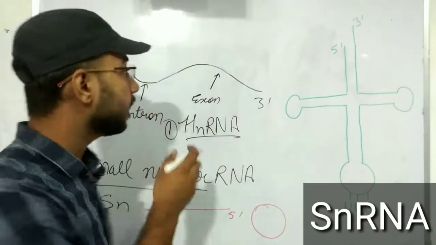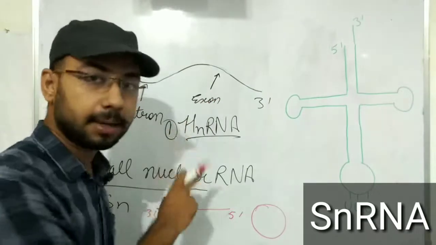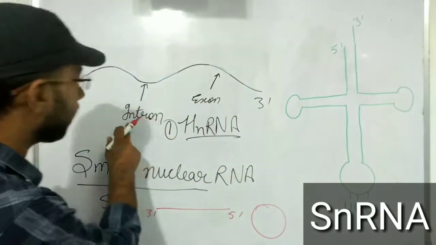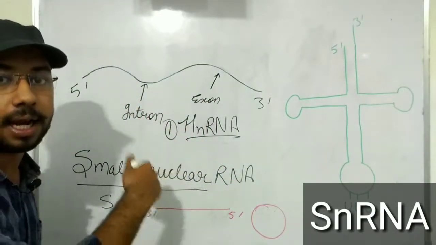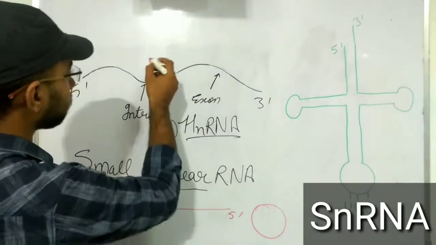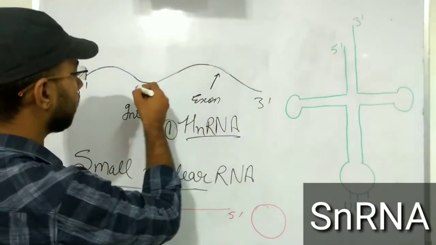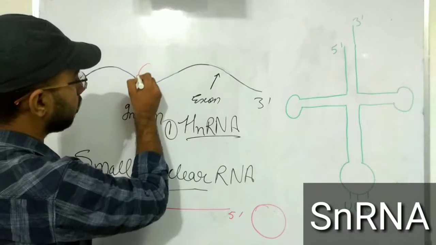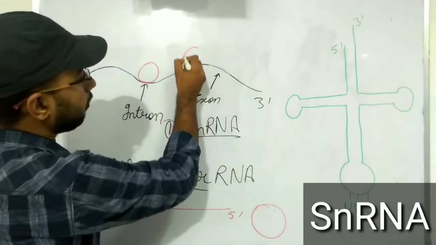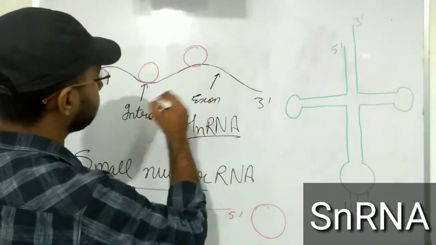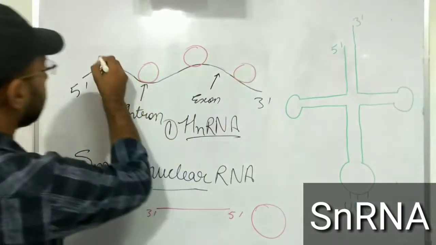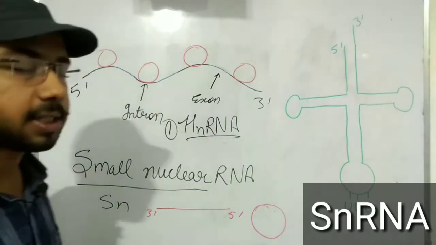Splicing is the process in which the exons remain, but the introns from the HnRNA are removed. They bind with all the intron parts, and their function is very simple.